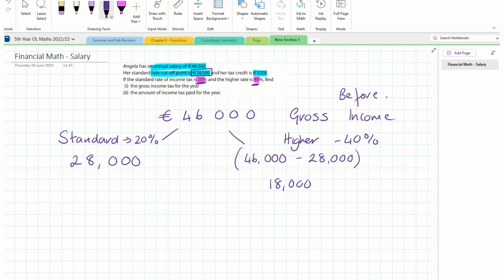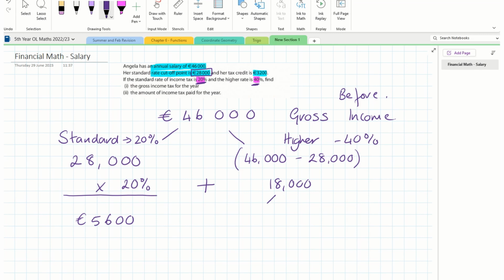So what we need to do is find 20% of the 28,000, find 40% of the 18,000 and add them together to get the total amount of tax. So 28,000 multiplied by 20% is going to be 5,600.